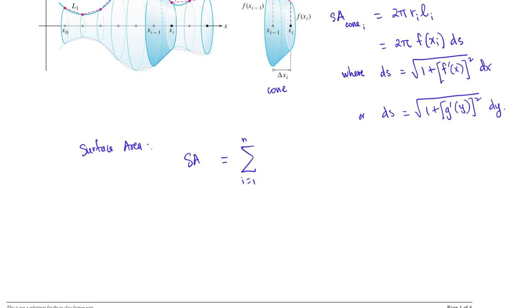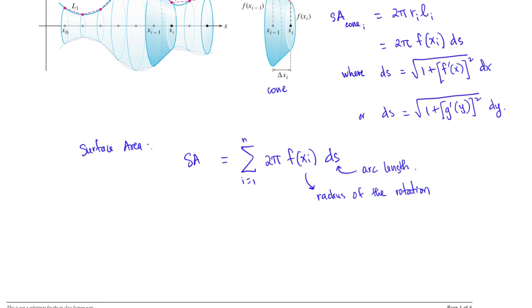There are n of these truncated cones. Each has the surface area of 2 pi times the radius f of xi times the arc length, which is ds. f of xi is the radius of the rotation, and ds is the arc length. This ds can be expressed in terms of x or y. This is the differential arc length.